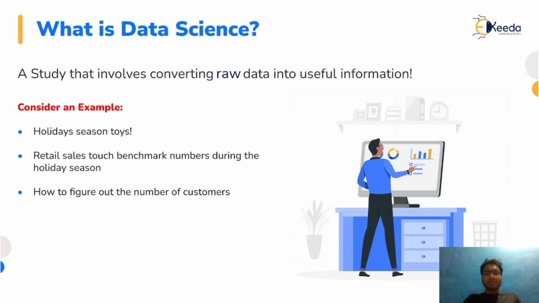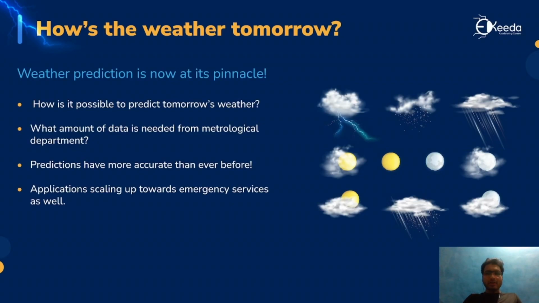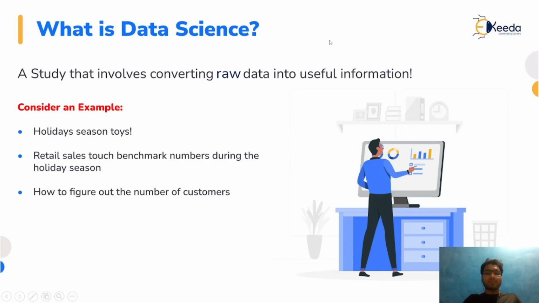For example, if we take the weather data, the data is collected using devices, which is raw. Devices will just capture the information whether the sky is cloudy or sunny. Those things will be captured by the devices, but then they transform that data, get the clean data, and after that they derive some useful information.